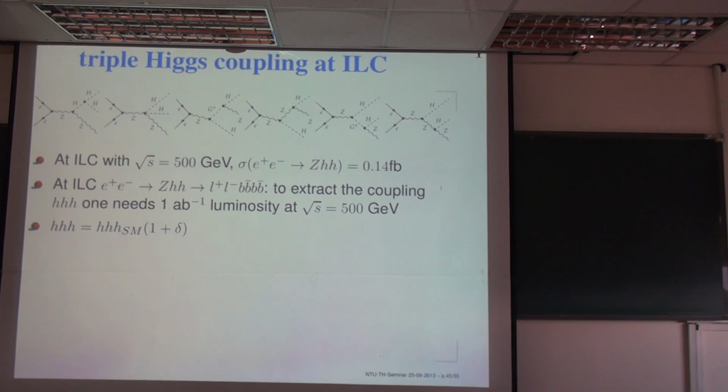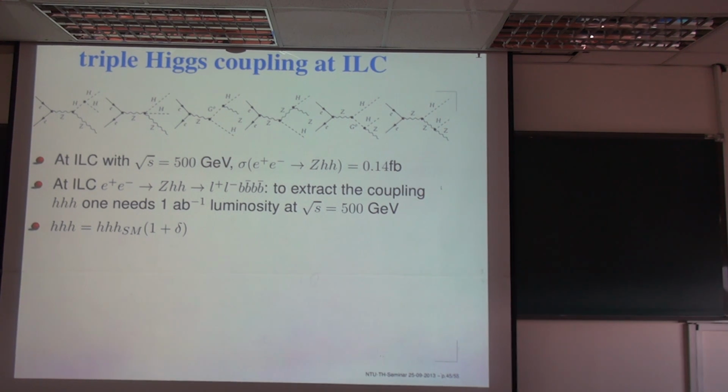The WW fusion cross section is smaller than this process, but I heard that WW fusion is more preferable to measure the cubic coupling. The WW cross section could be larger than this one. It depends on the energy, because this is a T channel, so if you go to, for example, more than 500 GeV, WW is much higher.